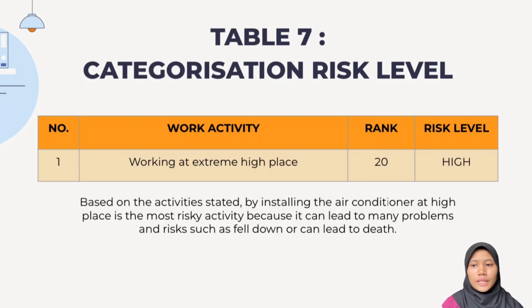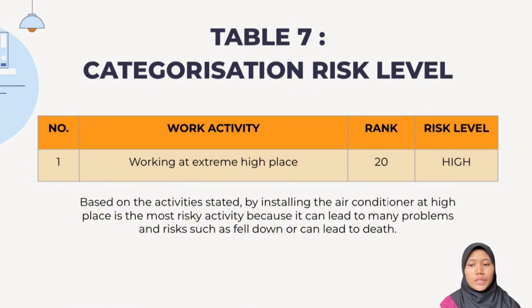For table 7 is categorization of risk level. Between our 5 members, we rank the task and work activity, and my activity, working at extreme high place, is ranked number 1 because it has the highest risk level of hazard.